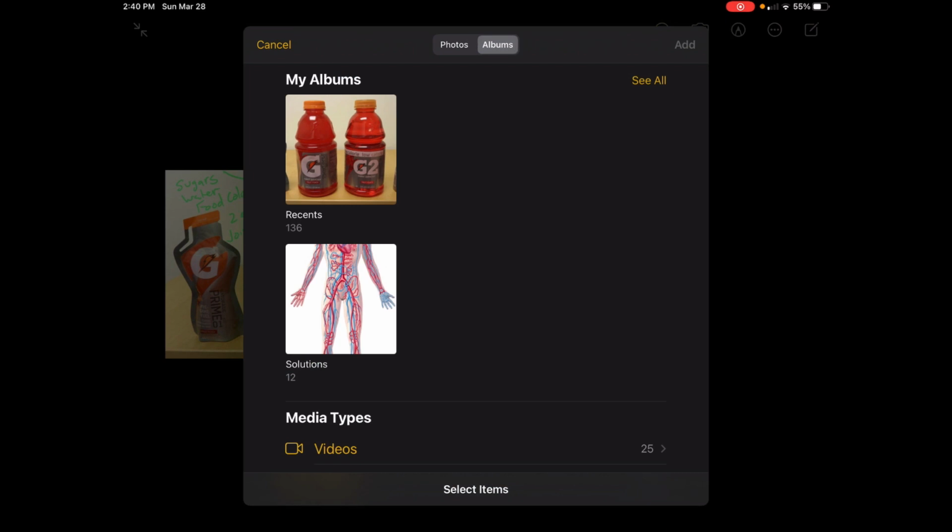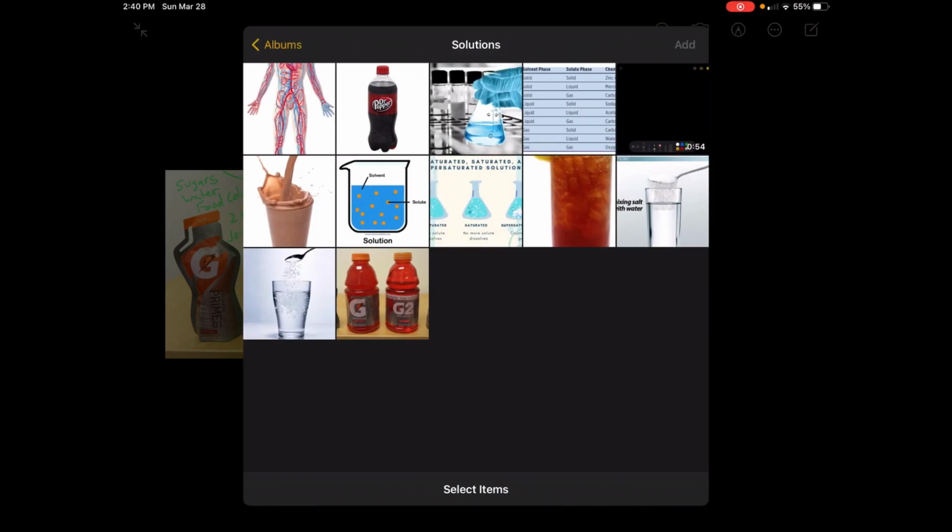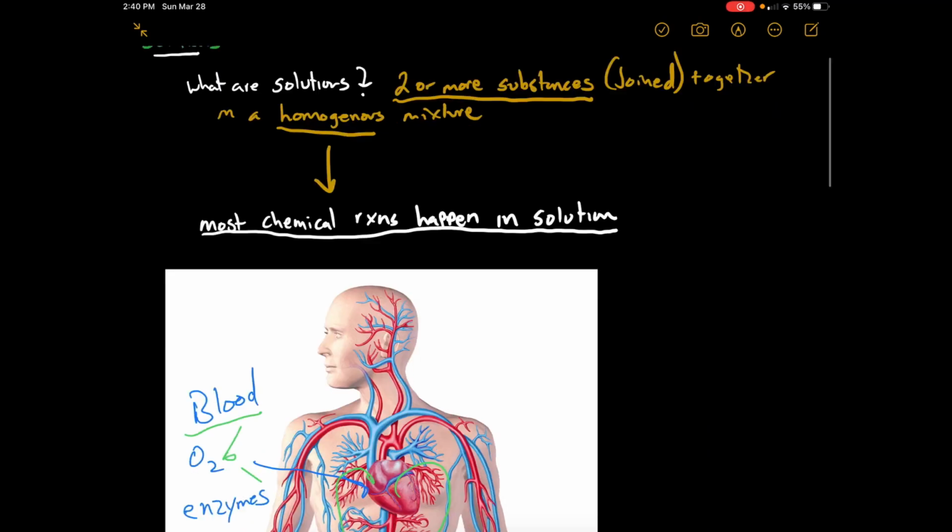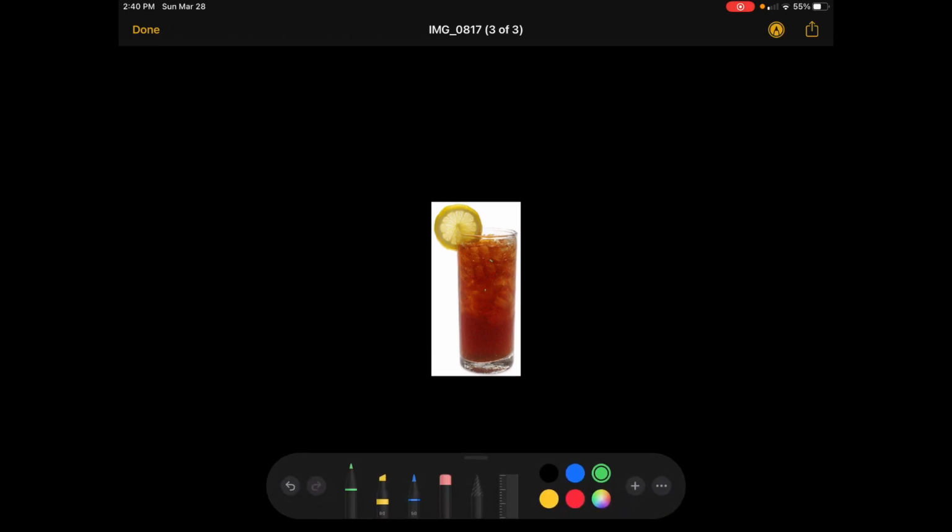Okay? So what are some more solutions that we see every day? Let's say we have sweet tea. This is one of my favorites. I don't drink a lot of it anymore, but we have sweet tea. Sweet tea is made up of sugars, water, and tea leaves.